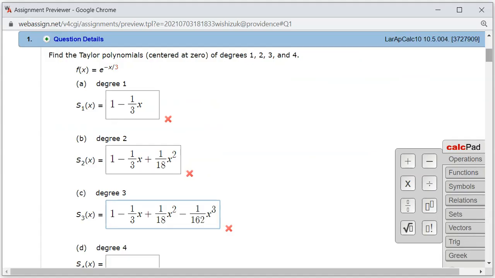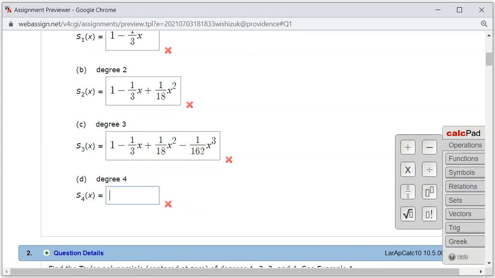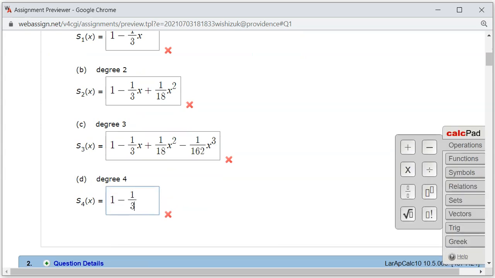For the last one, we're going to have 1 minus 1 over 3 x plus 1 over 18 x squared minus 1 over 162 x cubed plus 1 over 1944 x to the fourth.